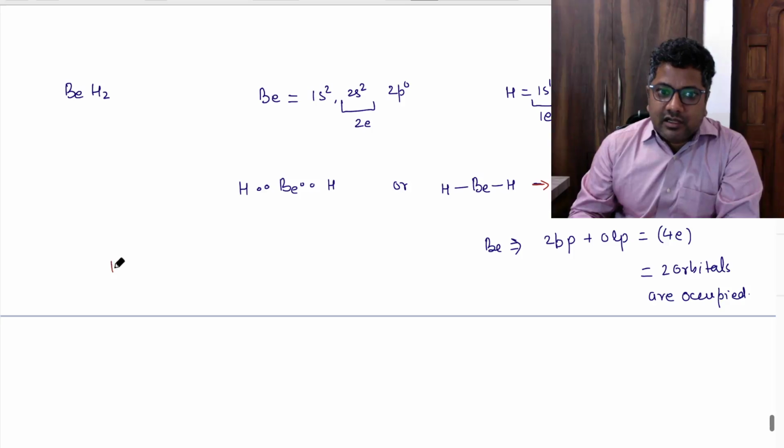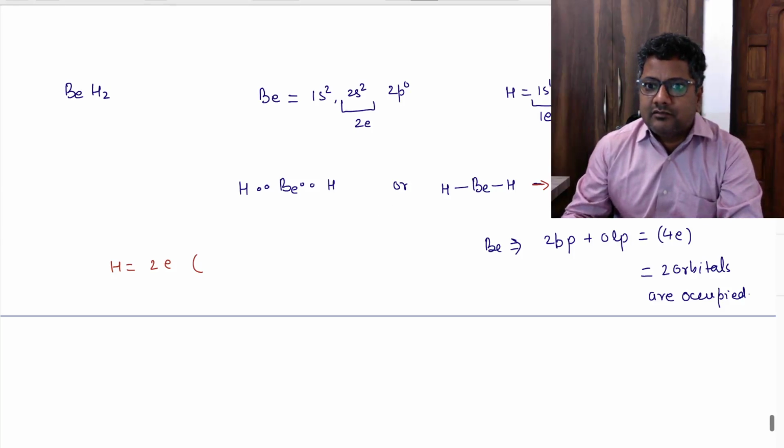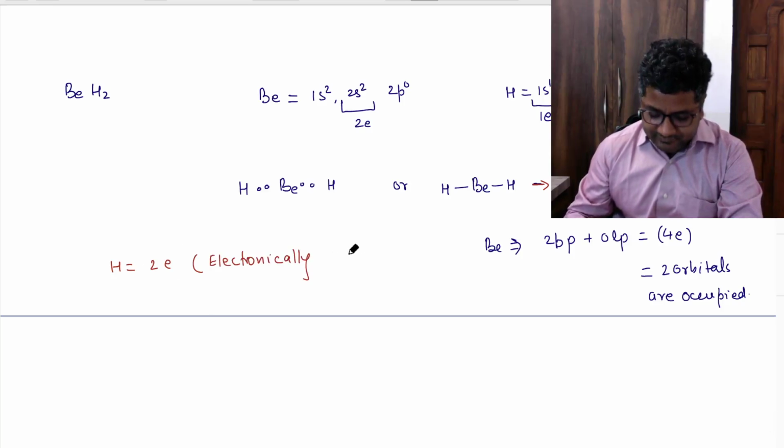And hydrogen also, hydrogen has 2 electrons, and hydrogen cannot have more than 2 electrons because it has no other orbital. No 2s, 2p, only one s orbital is there. So this is the maximum capacity of hydrogen, it is saturated. So you can say hydrogen is electronically saturated.